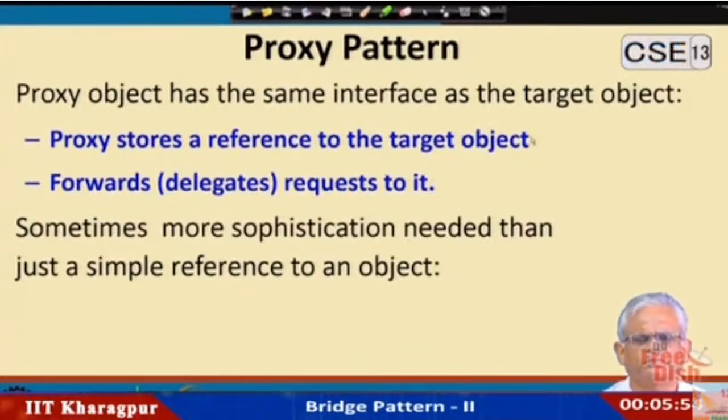The client may be under the impression that it is directly invoking the target, but it might be dealing with only the proxy. And the proxy should store a reference to the target object or the server, and whenever a client request comes and the proxy cannot handle it, it will forward it to the target object or the server.